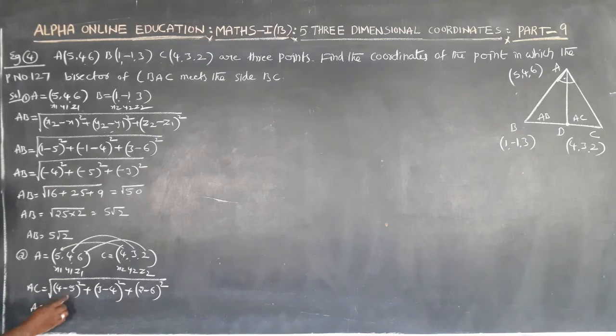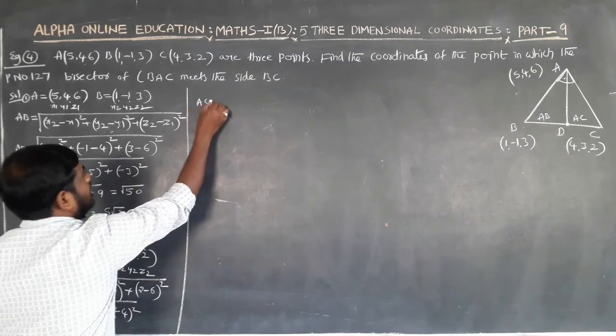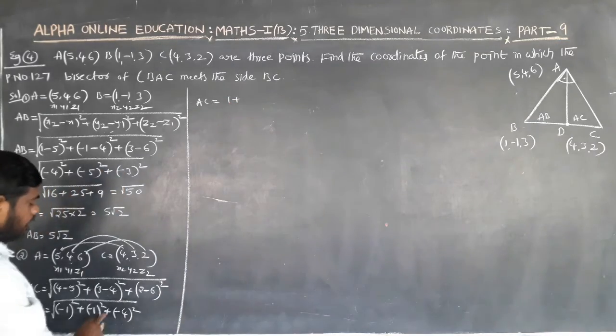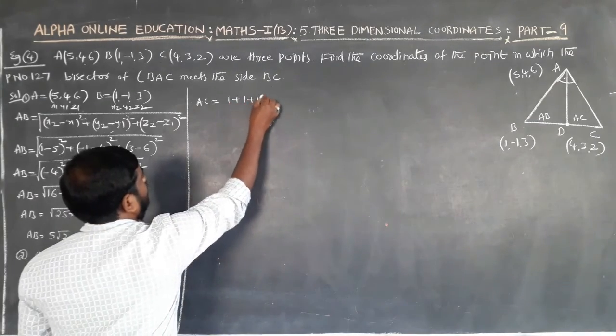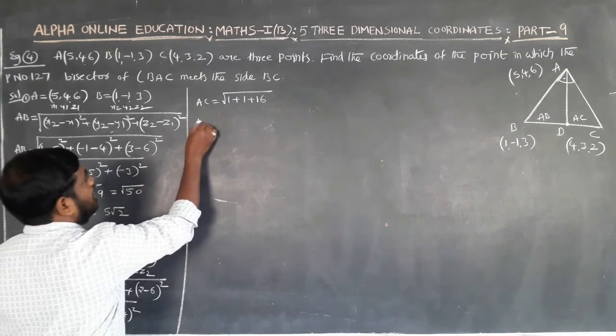AC is equal to the square root of (4 minus 5) whole square, (3 minus 4) whole square, (2 minus 6) whole square. That is (minus 1) whole square, 1, (minus 1) whole square, 1, (minus 4) whole square, 16.